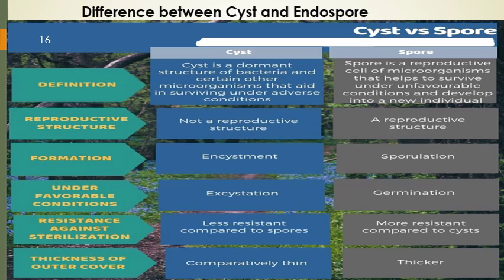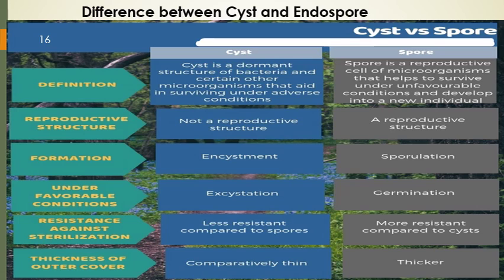A cyst is a dormant state of microorganisms. It facilitates the survival of microorganisms under unfavorable environmental conditions. Encystment is the process by which internal parasites, mostly in larval stages, reside within a cyst.